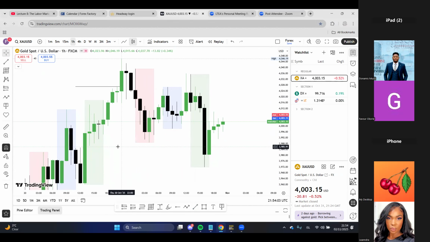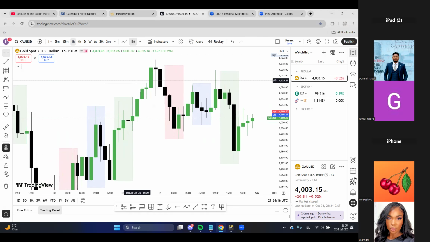So I see two different breaks of structure right here, or shifts in market structure, which is a disrespect to this last swing, right? This was the previous day high that was taken right here. Now, this alone is a shift in market structure, and this alone as well is a shift in market structure.